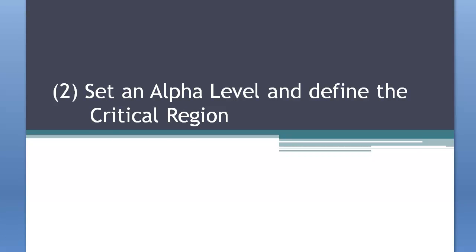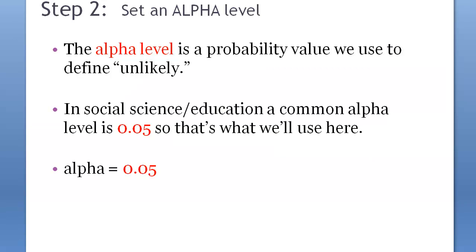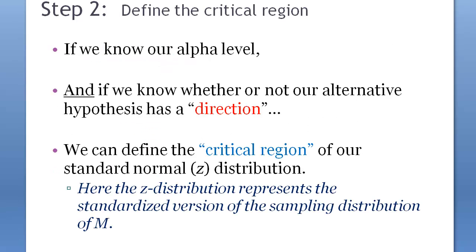Step 2: set the alpha level and define the critical region. The alpha level for educational and social science research is 0.05, so we use an alpha level of 0.05. And the critical region: if we know whether or not our alternative hypothesis has direction, we can define the critical region on the standard normal Z distribution.